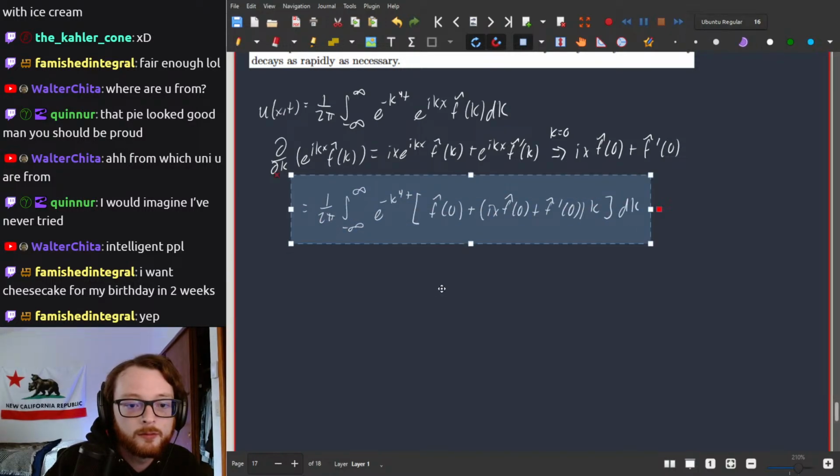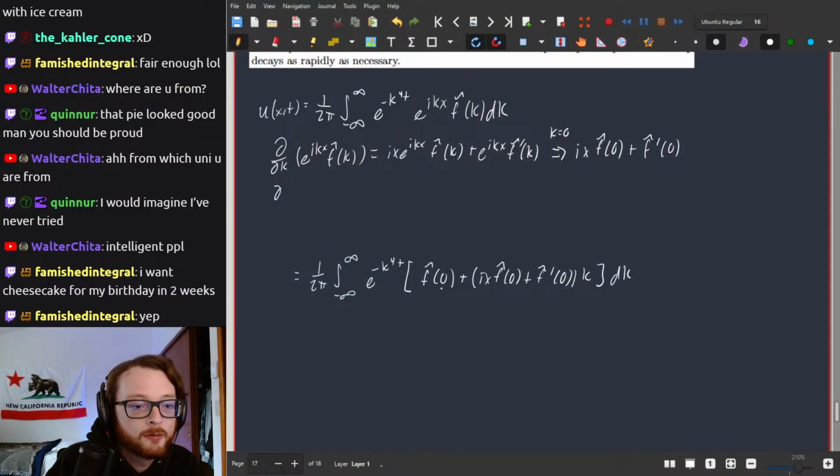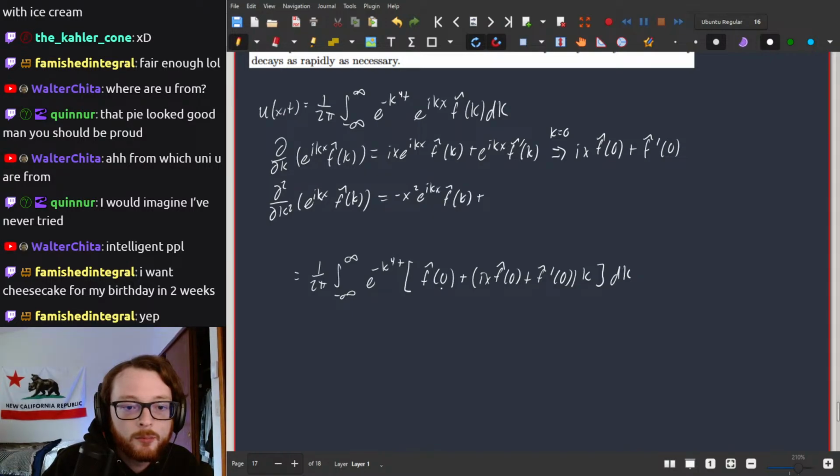Okay. All right, this is fun. We have two product rules now for the price of one. Minus x squared e to the ikx f hat k plus ix e to the ikx f hat prime k.